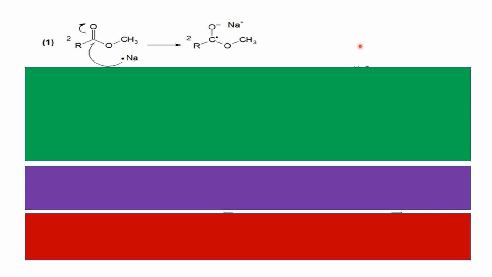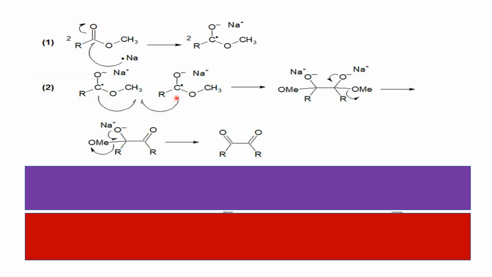Now what is the second step? These ketyl free radicals undergo dimerization. This free radical and this free radical couple together, 1 electron from here and 1 electron from here, so that this carbon atom is connected with this carbon atom. These 2 carbon atoms are joined, so we get a carbon-carbon linkage.